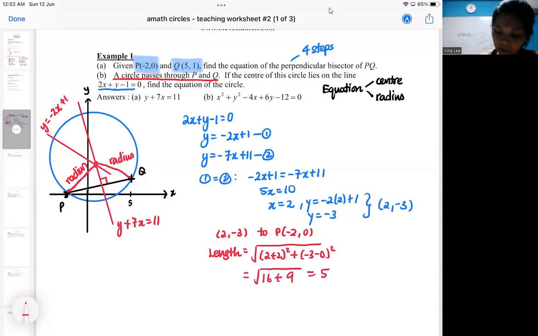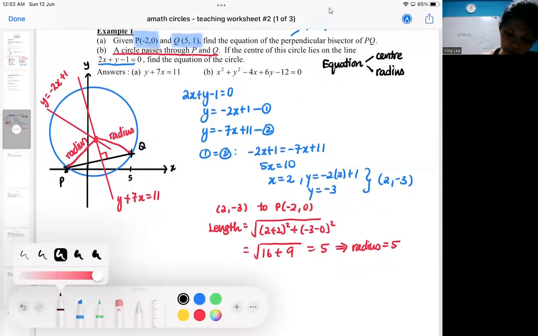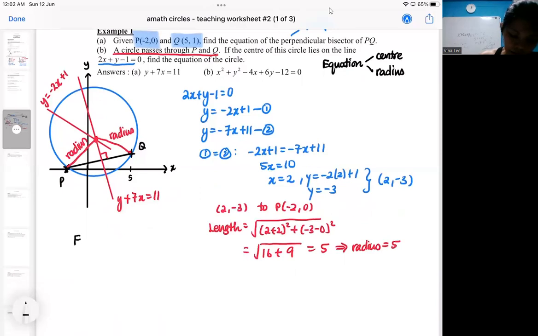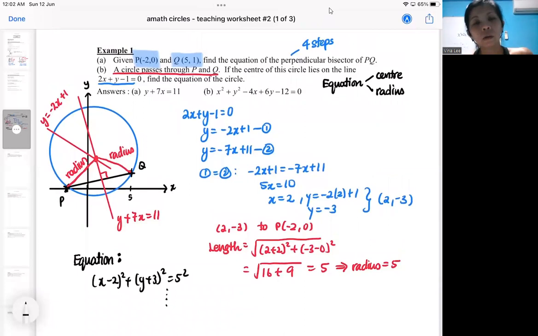You get 5, so the radius is actually 5. Once you get the center and the radius, the equation of the circle is found easily. It will be (x minus 2) squared plus (y plus 3) squared equals 5 squared, and you carry on with your expansion. So this is a very simple illustration of how we use the concept of the center lying on the perpendicular bisector of a chord.